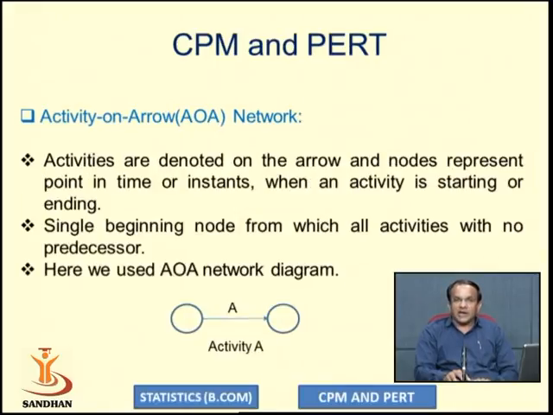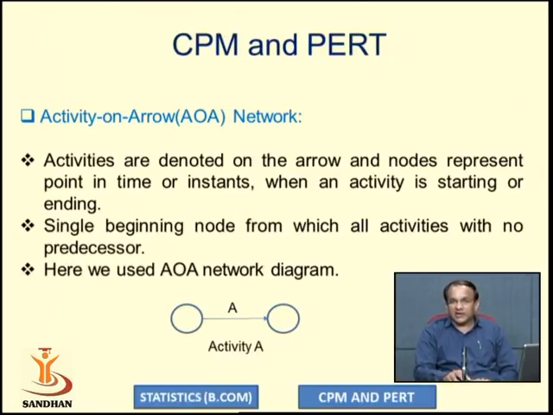In the activity on arrow network diagram, the activities are denoted on the arrow and nodes represent the point in time or instance when an activity is starting or ending. There is a single beginning node from which all activities with no predecessor start, and a single ending node in which all the activities are merged. So in the AOA network diagram, there is one starting event and one ending event.